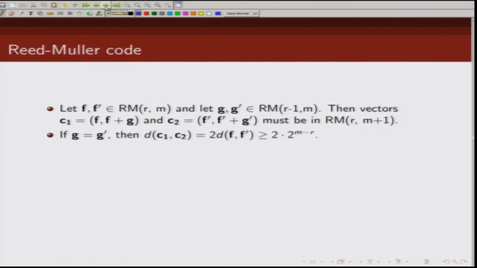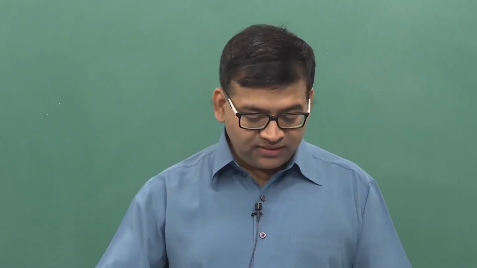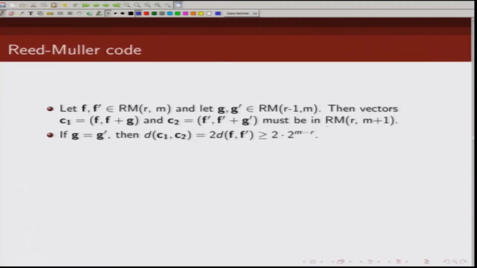Now, let us try to compute the minimum distance between these codes C1 and C2, which are code words of the Reed-Muller code of order r and length 2^(m+1). The first case that we will consider is when g is the same as g', and the second case is when g is not the same as g'.